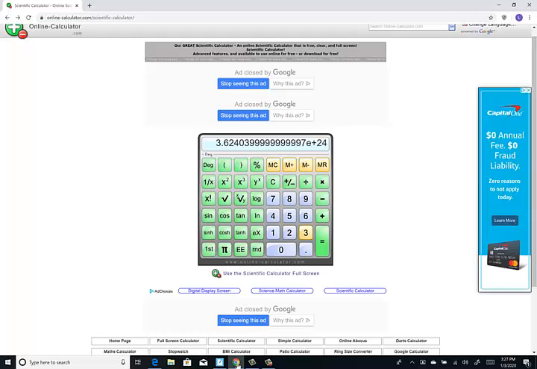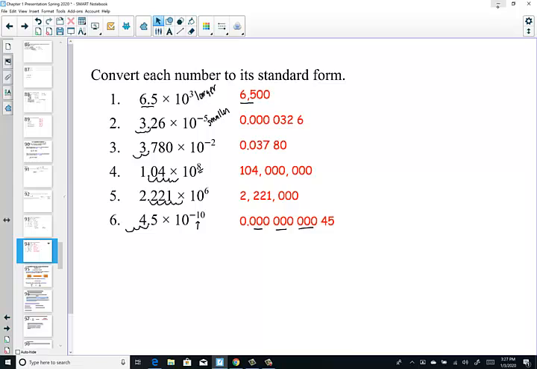You just want to go 6.02 directly EE 23, and notice how your calculator then corresponds to that. So the EE is going to be directly calculating times 10 to the. Don't hit any part of that. So on your calculator, you would hit 4.5 EE negative 10, and it will then read this value. This means literally times 10 to the.